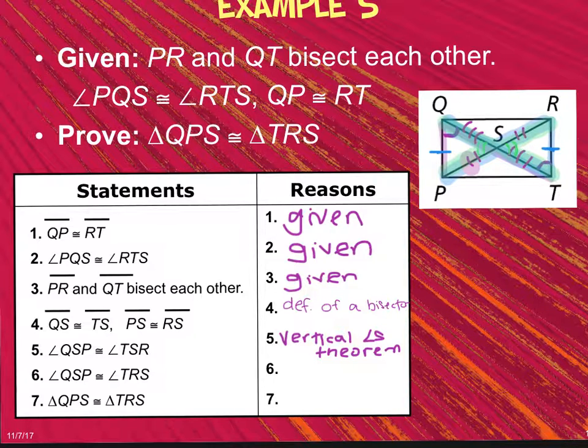Six says QSP, so let me erase some of this so that we can see it a little better. QSP, which is this angle here, is congruent to TRS, which is this angle here. How do we know that?